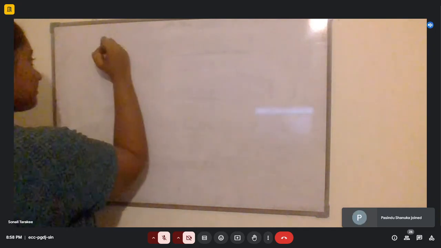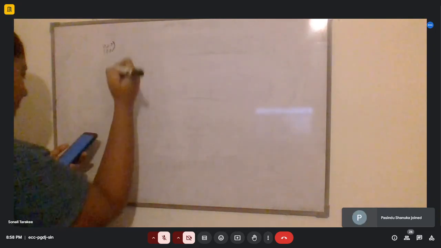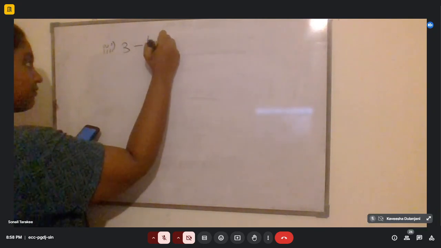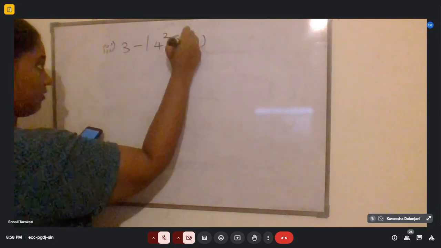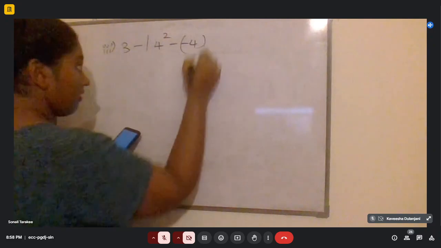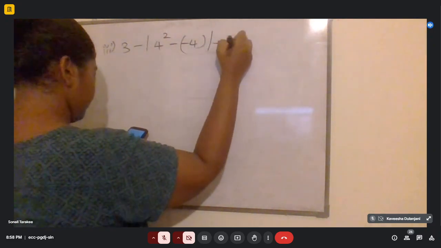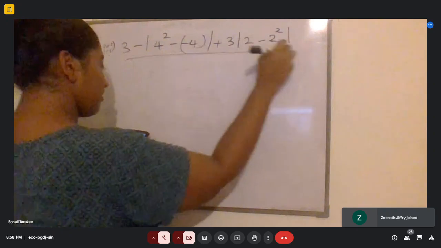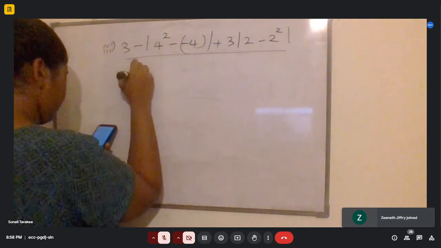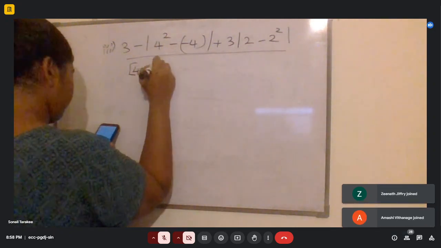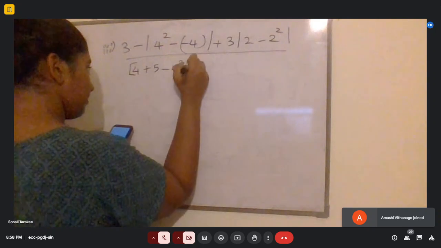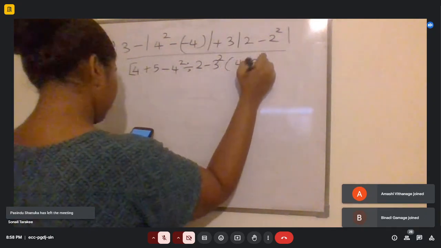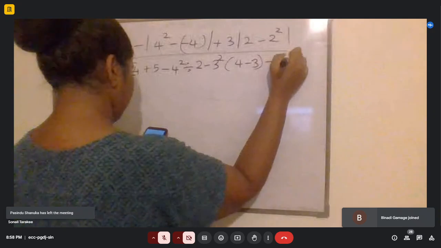Next one is part 3. You have modulus there. So 3 minus 4 squared minus minus 4 mod plus 3 times mod 2 minus 2 squared mod over 4 plus 5 minus 4 squared divided by 2 minus 3 squared, 4 minus 3 minus 8 plus 2.